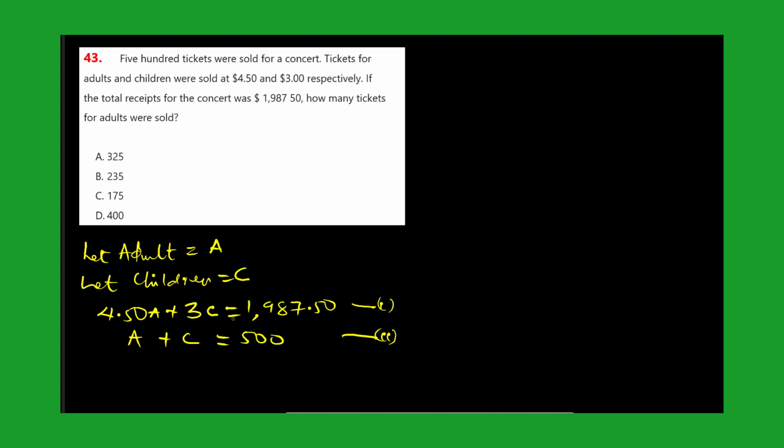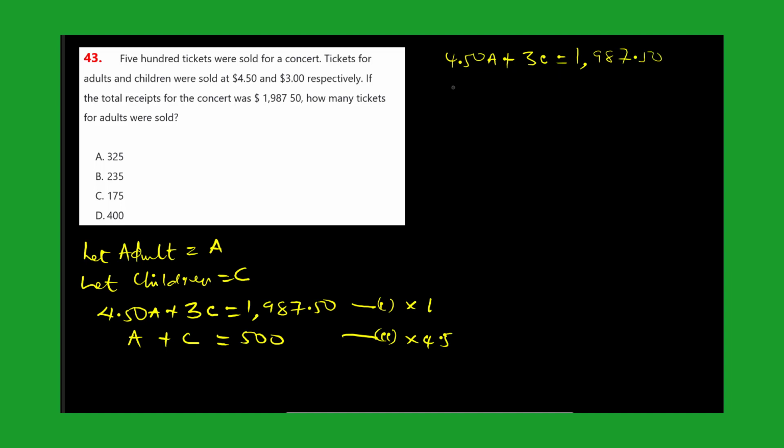So let's multiply equation 1 by the coefficient of A, which is 1. Then multiply the second equation by the coefficient of A, which is 4.5. So we are going to have 4.5A plus 3C equals 1987.5.